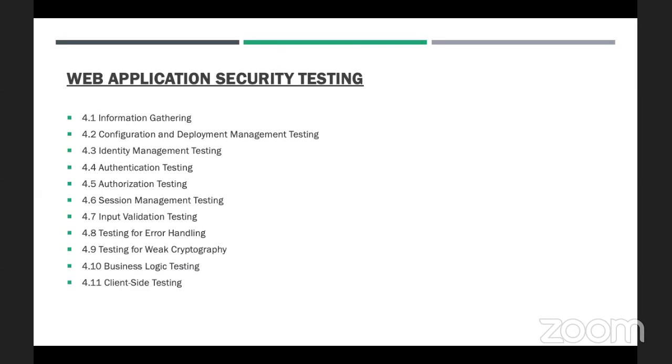It talks about information gathering, configuration and deployment management testing, identity management testing. If you've realized, the form flow that I was talking about is the same flow that we have here. First of all, information gathering, whether the form exists or not. Then configuration and deployment management testing, what's the configuration when we've submitted the form. Finding the identities, filling in the username and password.